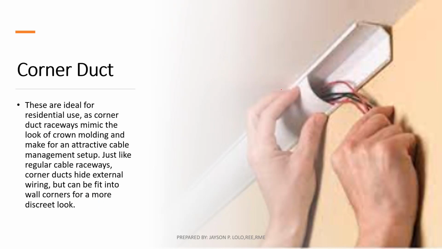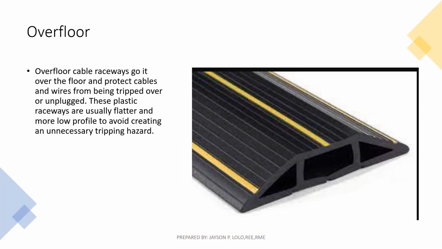Instead of using round conduit, you can use the corner duct passing through your wall corners. While if the wires are passing through the floor or hallways, you will use the overfloor cable raceways, which are more common in malls.